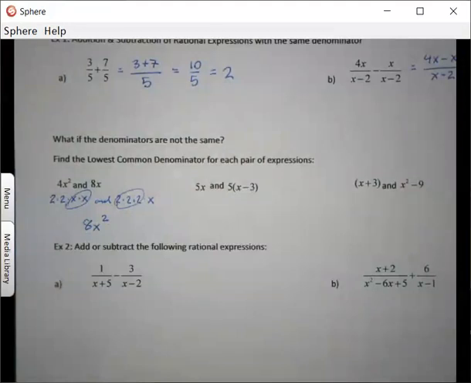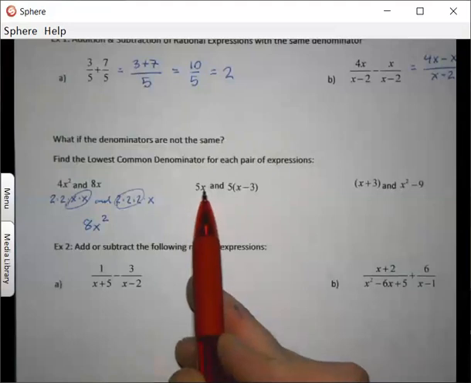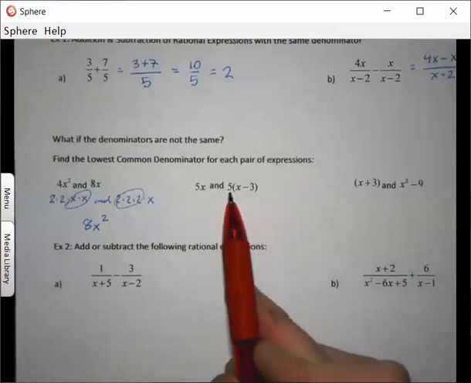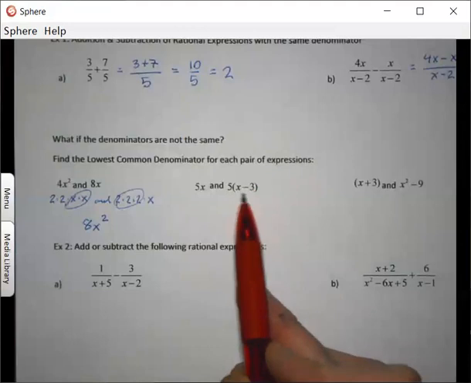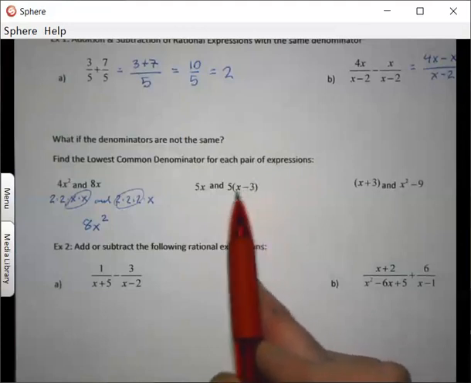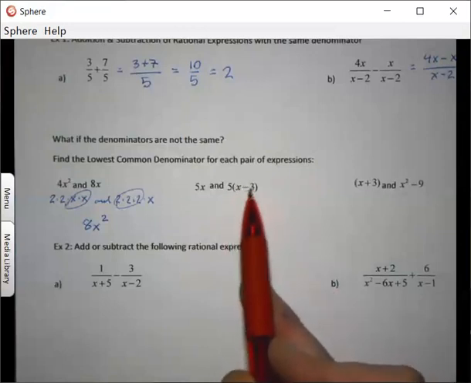So if we're looking at our next one, 5 is a factor, x is a factor, and x minus 3 is a factor, the entire thing. When you put parentheses around a term like this, the entire thing is a factor.